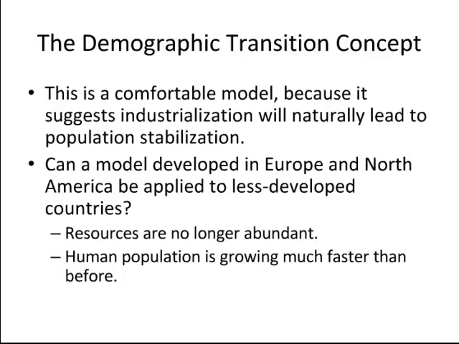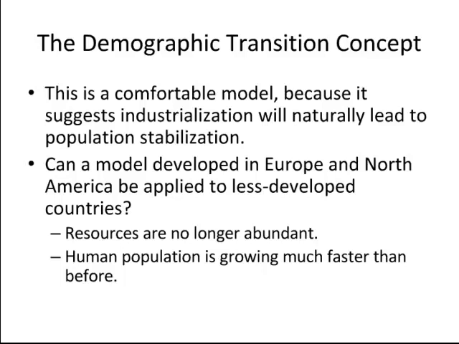is to think about how a country changes as it becomes industrialized. So one way to think about it is with this idea of the demographic transition. Right? So the demographic transition is a model that basically shows how countries progress as they become industrialized.